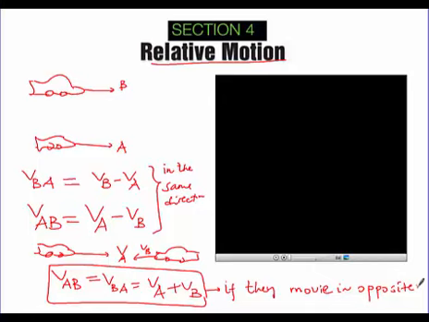So this relative velocity is the reason for the catastrophic result. Whenever two cars are heading towards each other, the velocity of one car relative to the other car is given by the sum of the individual velocities. That's why when two cars moving towards each other collide, we have a very dangerous result.